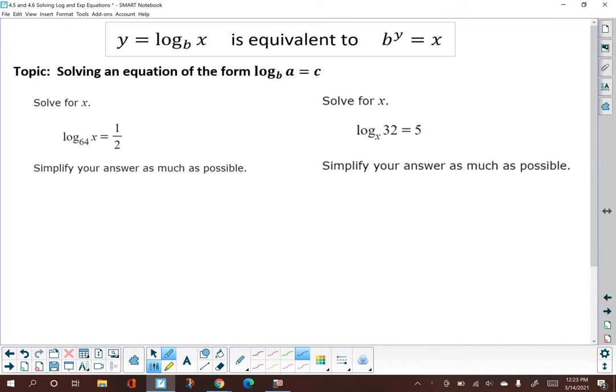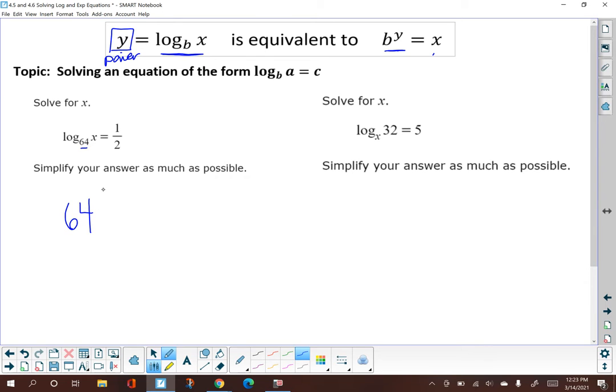So our first equation is log base 64 of x is equal to 1/2. Well, remember that if we have a log base b of x equal to y, it's the same as b to the power y equals x. So our base is 64. That's going to be the base of our exponential. The thing that the log is equal to is the power.